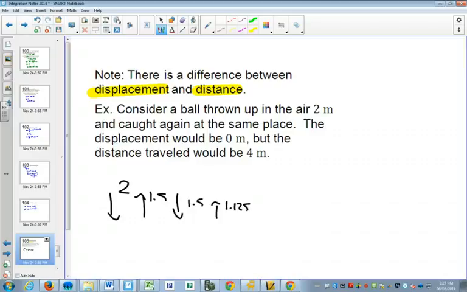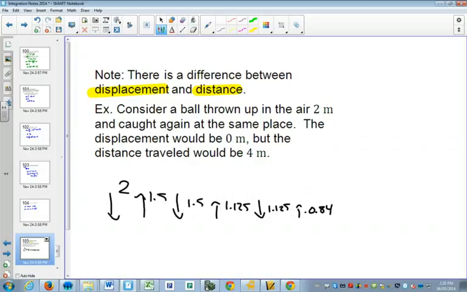Okay, good. I'm not going to keep going, because then it goes down 1.125, and then it would go up 3/4 of that, which would be 0.84. There we go. And down again, and down again, and down again.